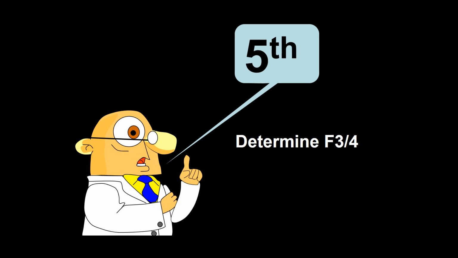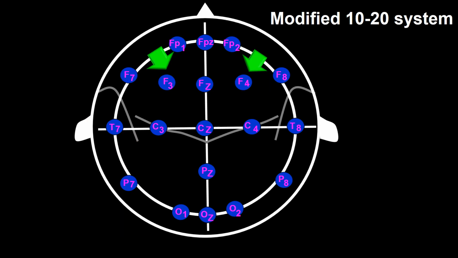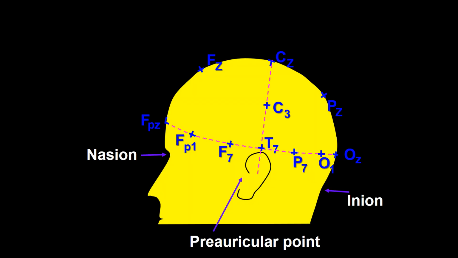The next step is to determine the site for F3 and F4, pointed by the green arrows at their intended location in this diagram. We do this on the left side first by drawing a line between F7 and FZ and halving it. It is at this site that we place the electrode for F3. Then we do the same on the right side.